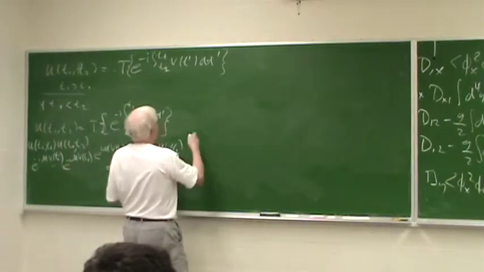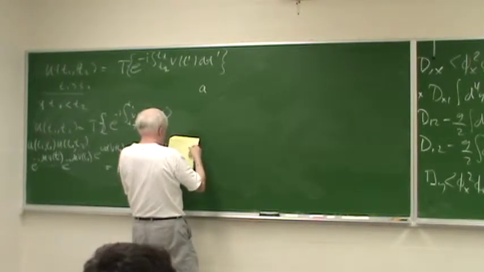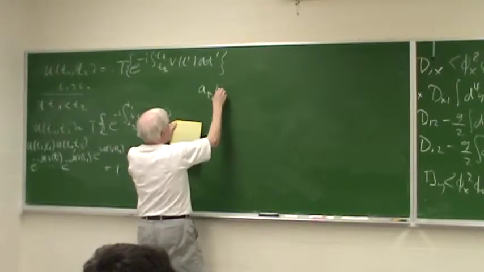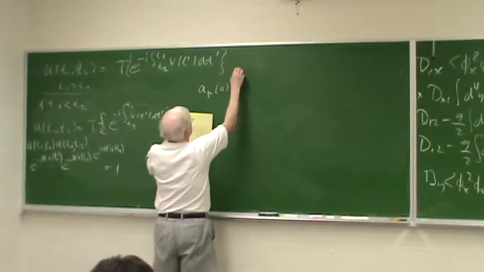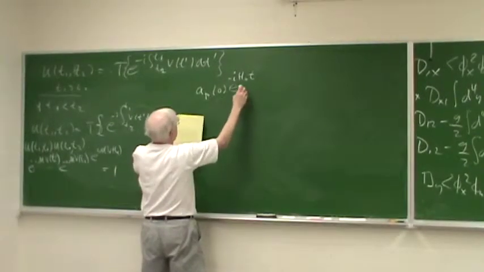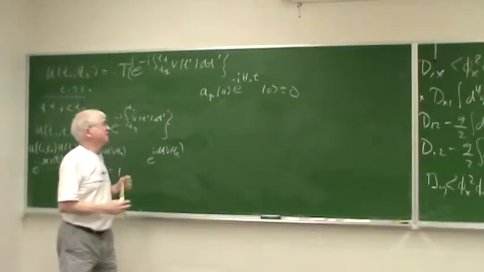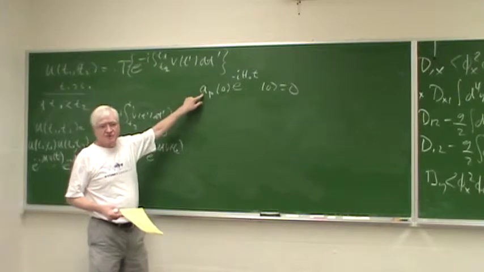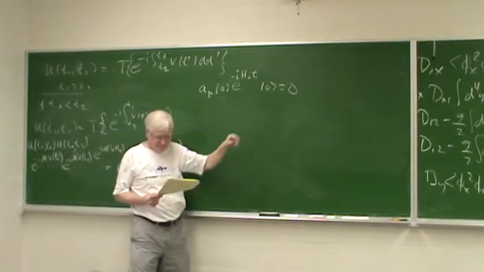We first of all have A of some momentum at time 0 acting on the free vacuum, H0, giving zero. Well, this is certainly true because at time 0, the annihilation operator is the free field annihilation operator, and it annihilates the free field vacuum.